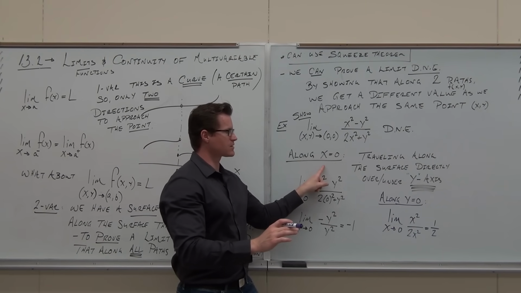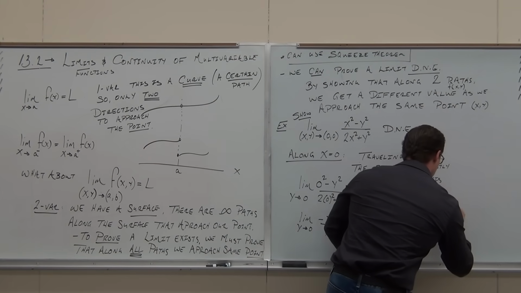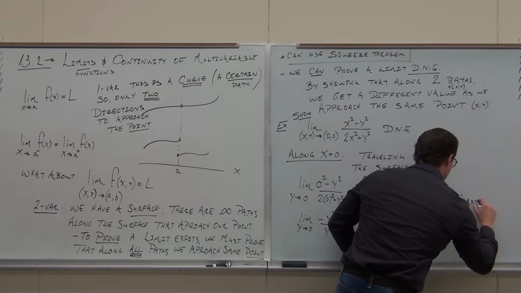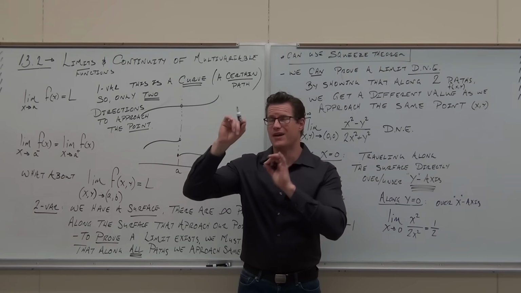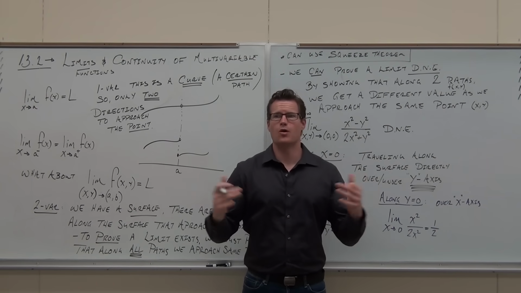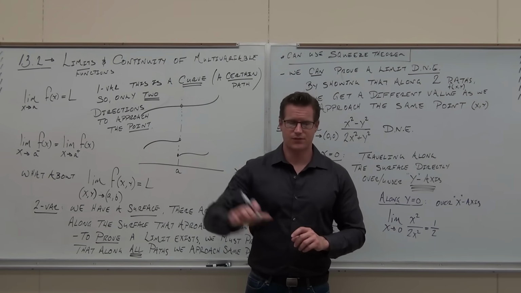Right over the y-axis, right over the x-axis. Along those two paths, I have a different value for my surface, and that says the limit does not exist. Because along all paths, we have to come to the same value for our function, or same value for our surface. Show of hands, feel okay with that?